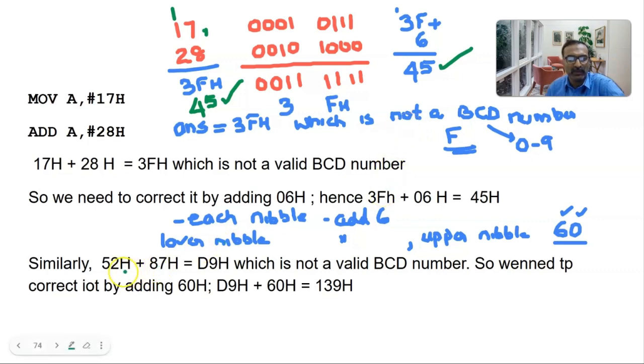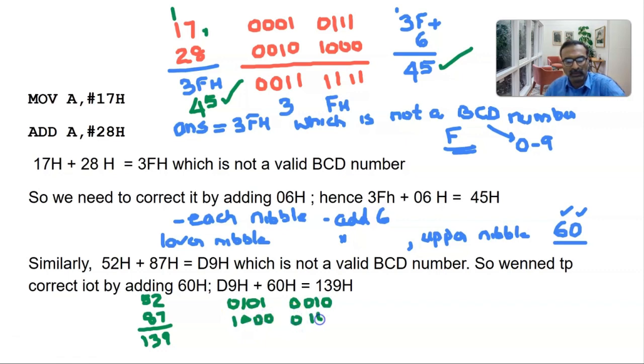I have given another example, 52H plus 87H. Let's see, 52 plus 87. Actually you have to get 139. Let us see, 5 is 0, 1, 0, 1. 2 is 0, 0, 1, 0. 8 is 1, 0, 0, 0. 7 is 0, 1, 1, 1.